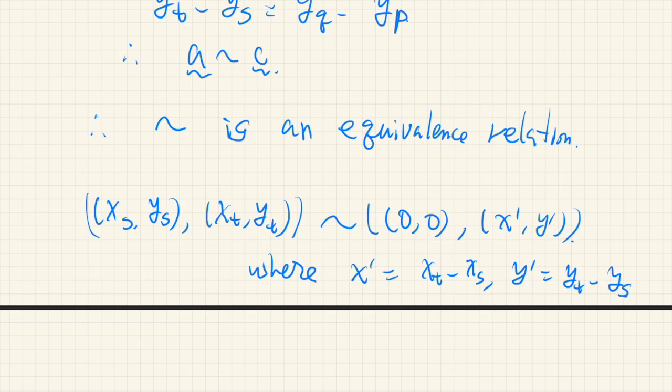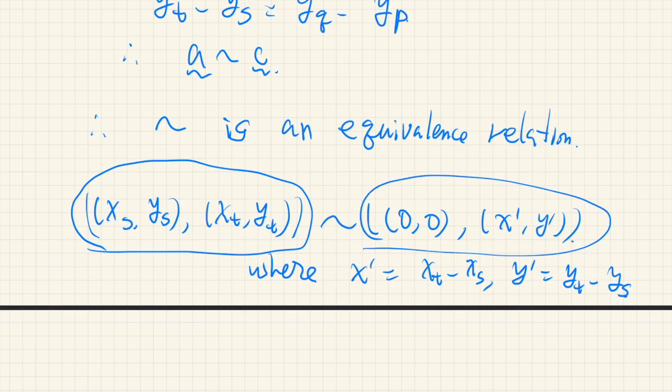So we can always transform or translate any arrow to this type of arrow where the source is the origin.